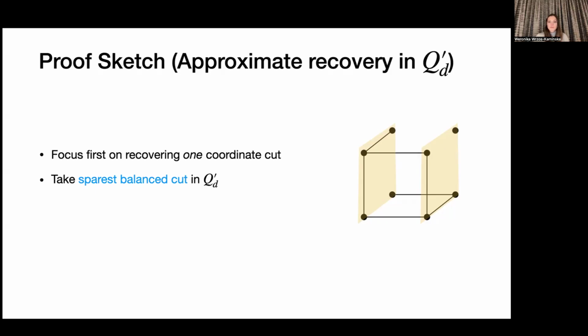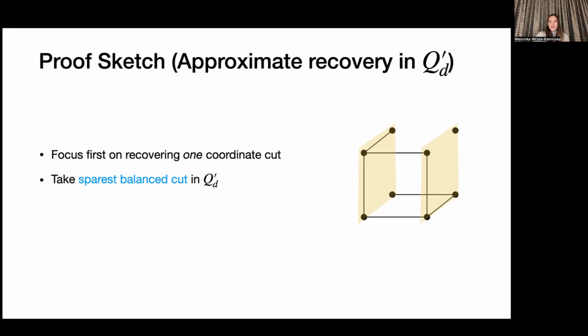But does this work? Before I subsample, I know that the sparsest balanced cut is exactly a coordinate cut. But what if the hypercube has other sparse cuts, which are far away from the coordinate cuts? If this happens, then this is very dangerous for us, because now these other bad cuts can become the new sparsest cuts after we subsample. So we need to show that this doesn't happen.